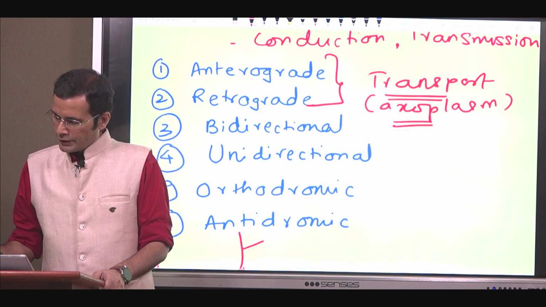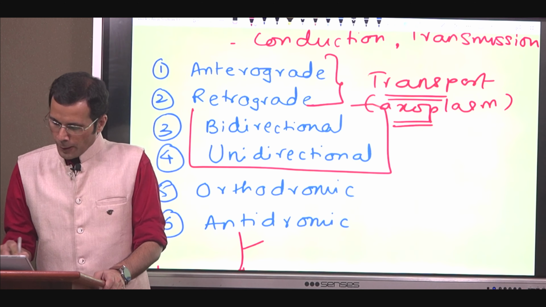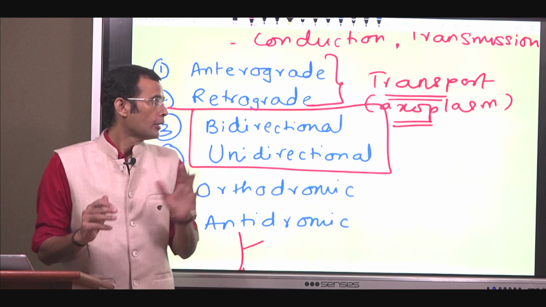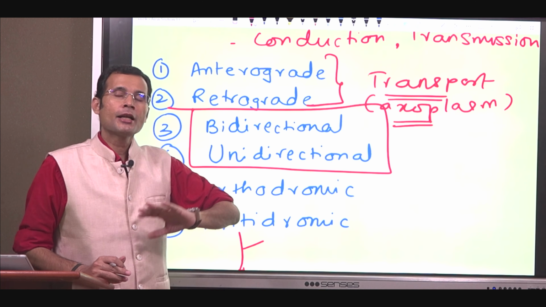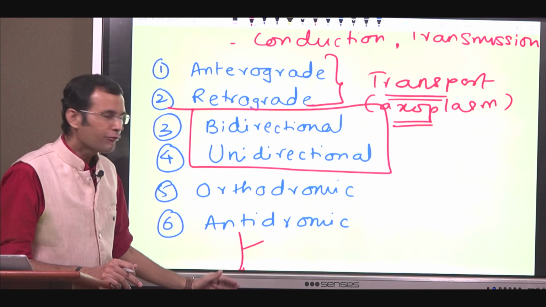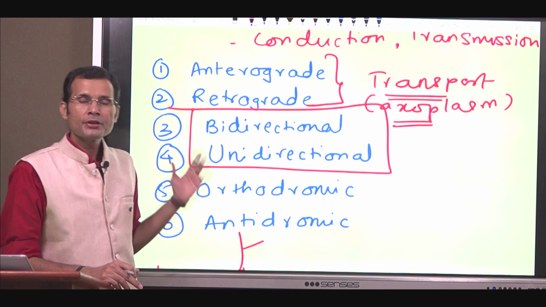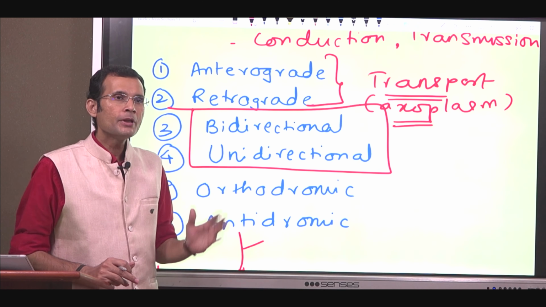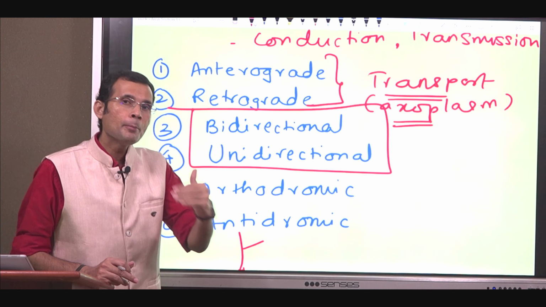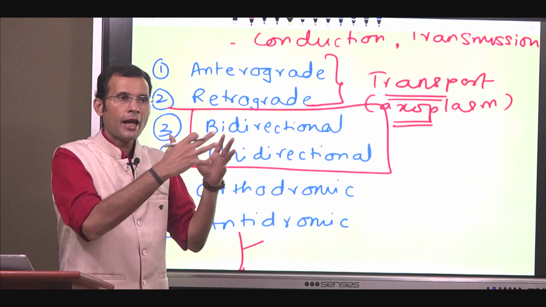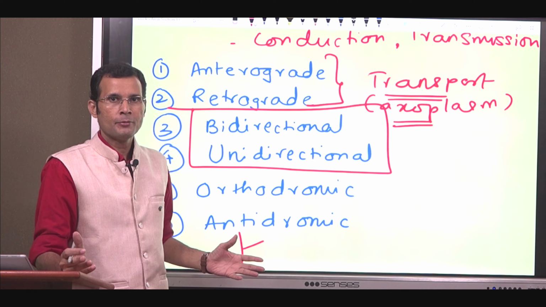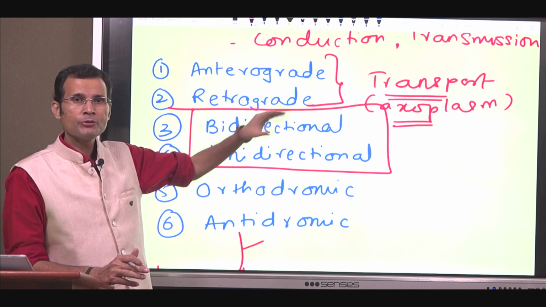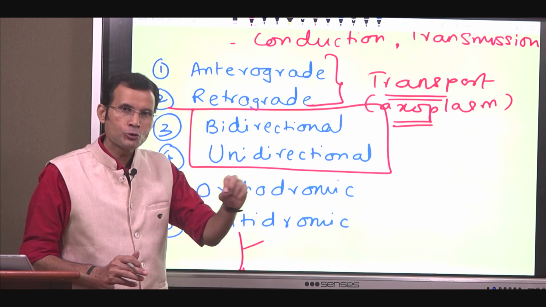And the terms are, let's begin with these two: bidirectional versus unidirectional. Let me clarify again. The remaining four terms are related to the impulse transmission, and impulse transmission is the membrane excitation. So the axonal membrane is going to excite primarily. It's not like the first two terms where there was transport through the axoplasm.